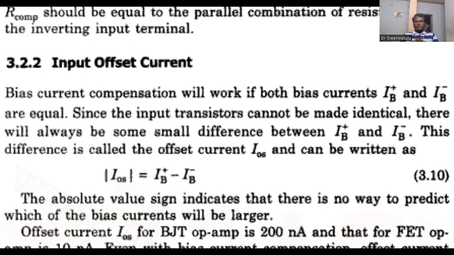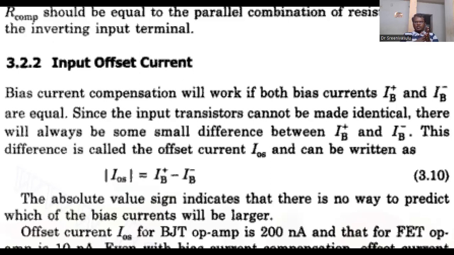Since the input transistors cannot be made identical, because if we take any two transistors, they don't have the same beta value. So there may be some slight variations between the beta values.